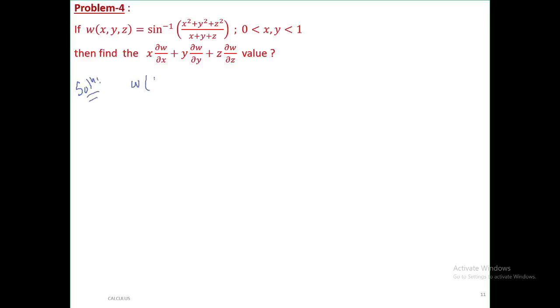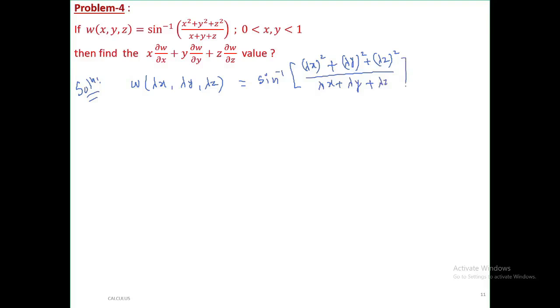Let's verify. W of lambda x, comma, lambda y, comma, lambda z, right? And this is equivalent to sine inverse of lambda x whole square, plus lambda y whole square plus lambda z whole square divided by lambda x plus lambda y plus lambda z.